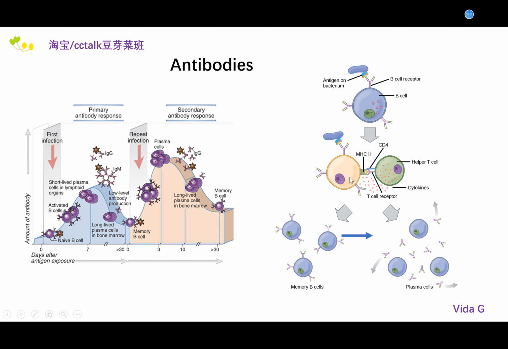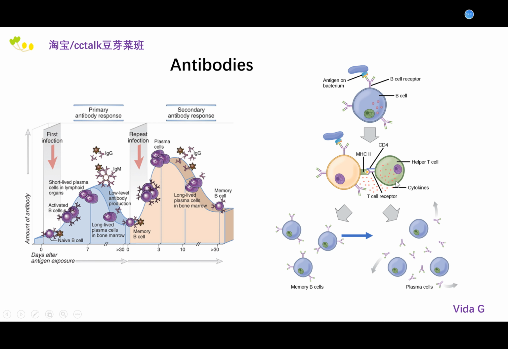The MHC class 2 molecule transfers the virus peptide onto the B cell surface, and then it will be recognized by the T cell receptor on the T helper cells.